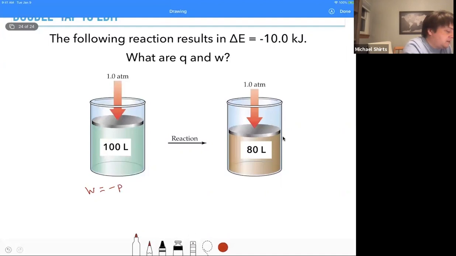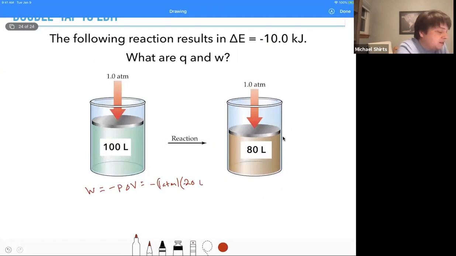Great, that's simple. And it's the same pressure throughout. We'll assume it's constant. It's the same at the initial and the end. We'll assume it's not changing along the way. And that is equal to minus 1 atmosphere times the change in volume, which is 20 liters.